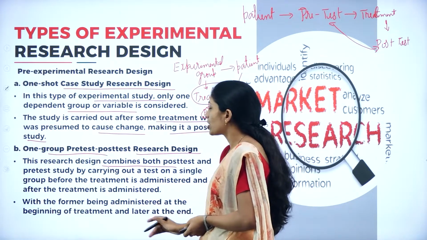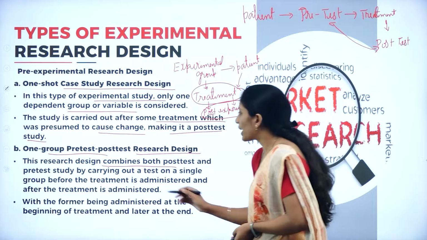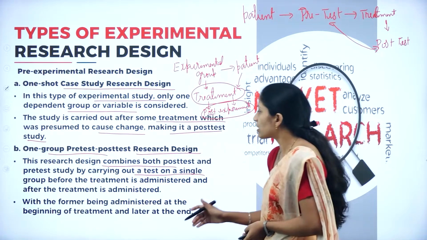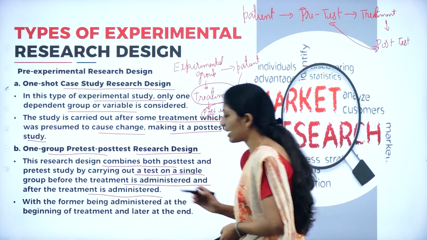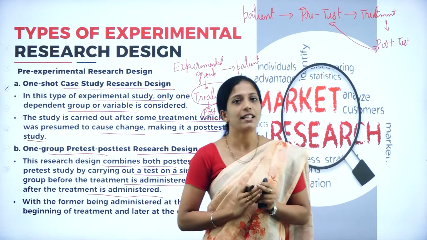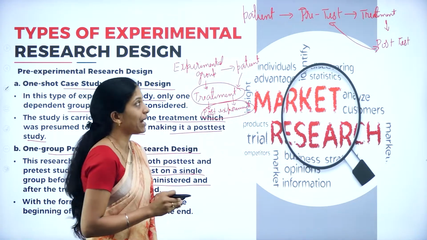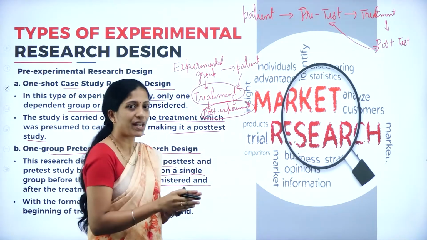This research design combines both post-test and pre-test study by carrying out a test on a single group before the treatment is administered and after the treatment is administered. So this I have clearly told you. Here there is a patient who is having the pain, and before giving the treatment, we are going to test him. That is the pre-test.